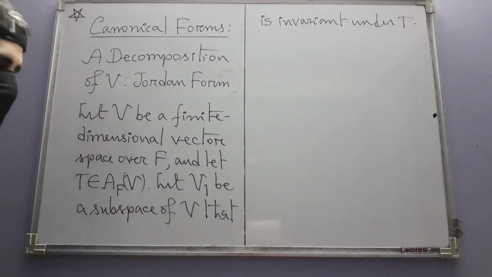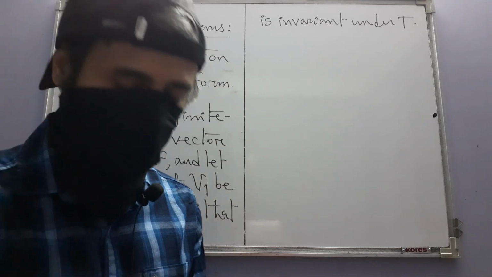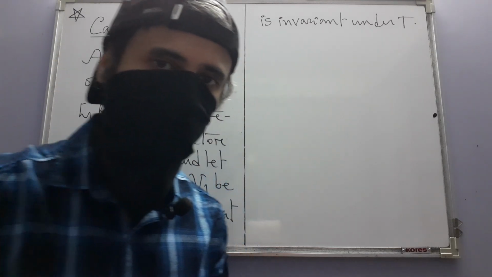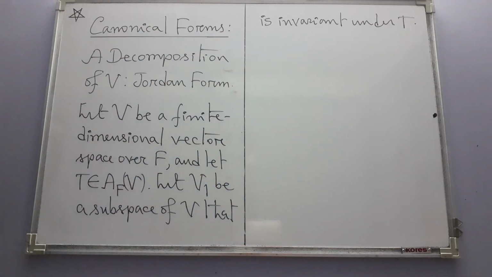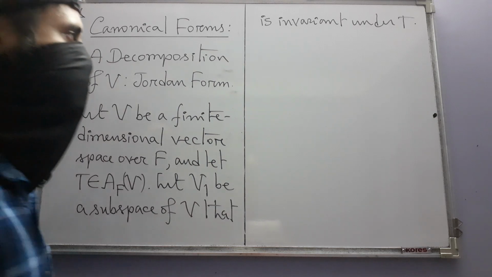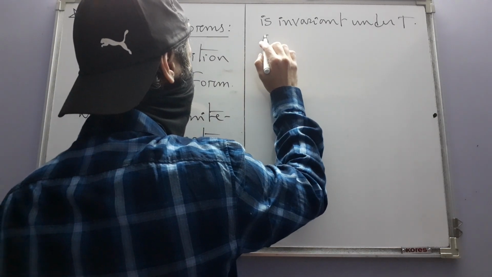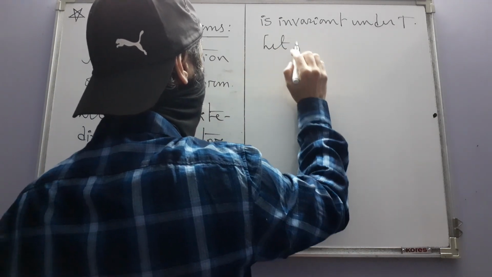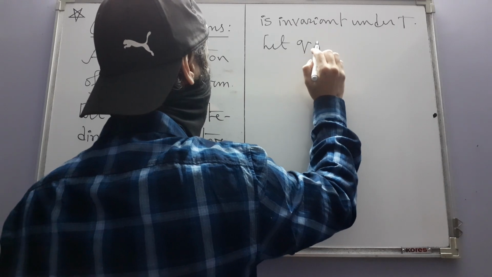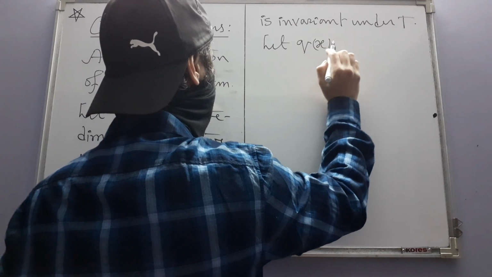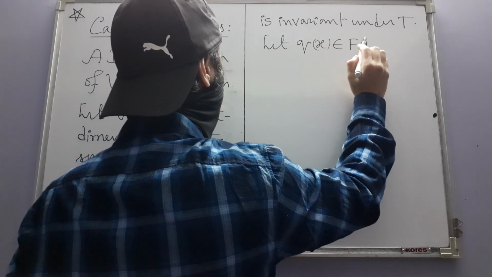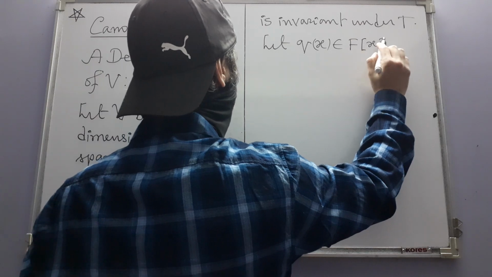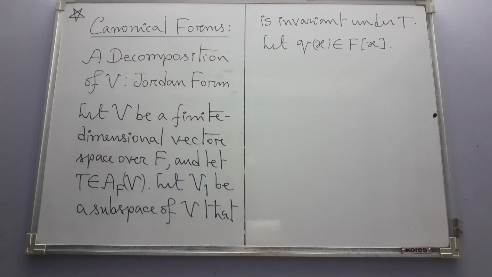It means that the image of V1 under T is again a subset of V1. And let Q(x) be a polynomial over F.